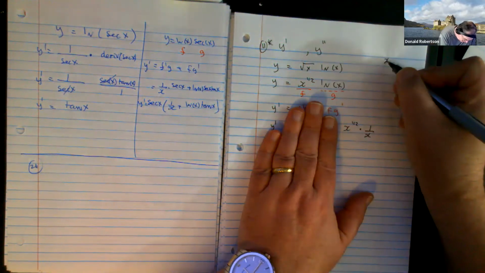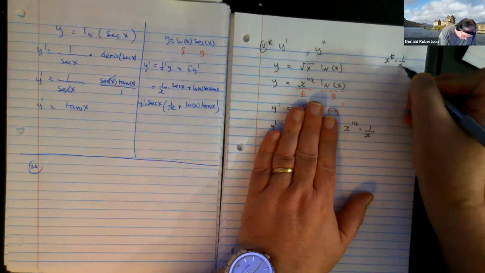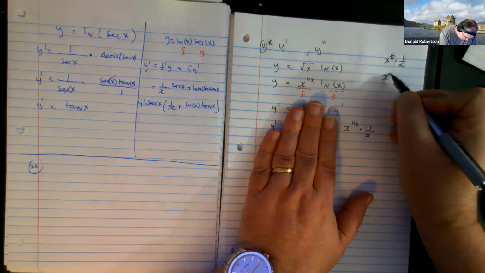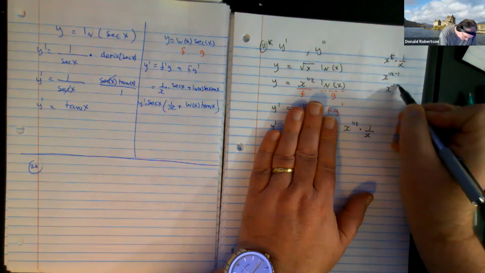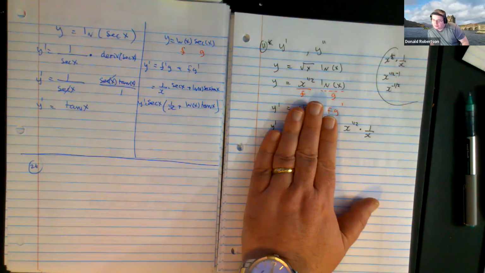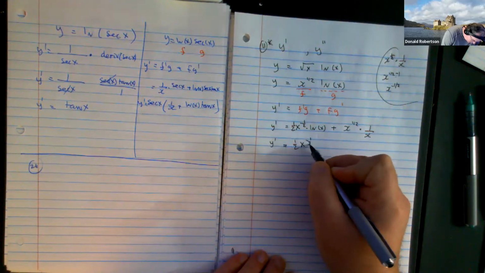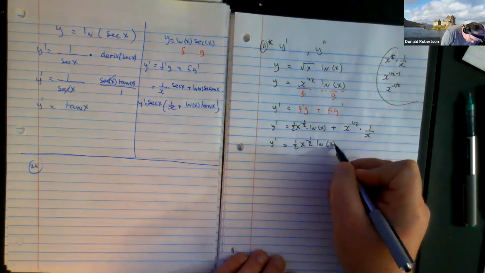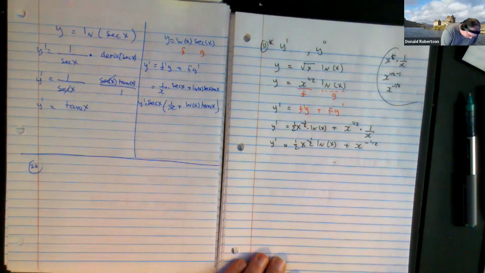What would x to the half times 1 over x get you? Well, it would get you 1/2 take away 1, x to the negative a half. Are you comfortable about that calculation? Yes. So what we now have is 1/2 x to the negative a half, natural log of x, plus x to the negative a half. That's a start.